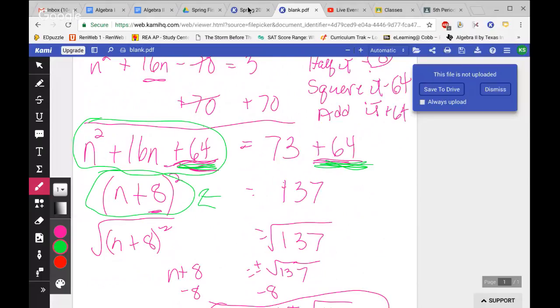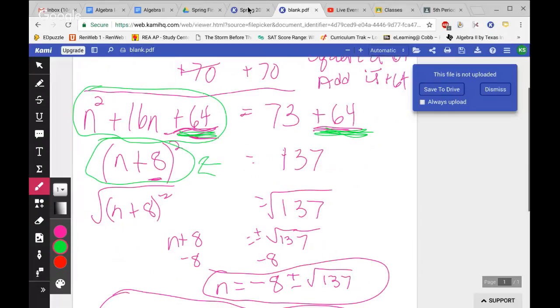And then you add these terms, 73 plus 64 is 137. And then I'm going to take the square root of both sides in order to isolate n all by itself. And when I do that, that's how I come up with the rest of the steps.